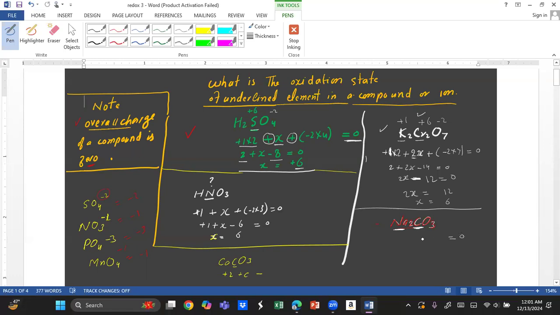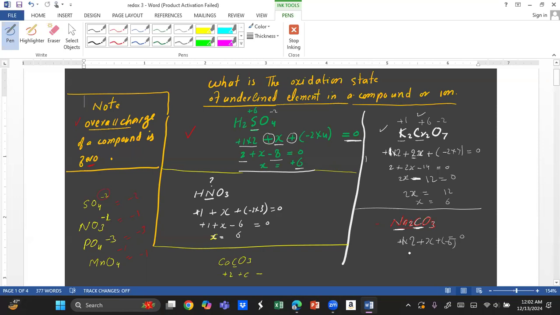So equal to 0. Sodium is plus 1 because it is an alkali metal. Everybody knows it has a charge of positive 1 when it has lost 1 electron. There are 2 atoms, so into 2. Thus, carbon is X, oxygen is minus 6. Hope you know why it is minus 6: because there are 3 oxygen atoms, and each oxygen atom has a minus 2 charge.